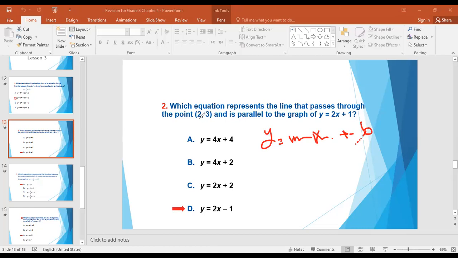Here that's a point, and you can use 2 as x and 3 as y. And then what is the slope? Slope 2.